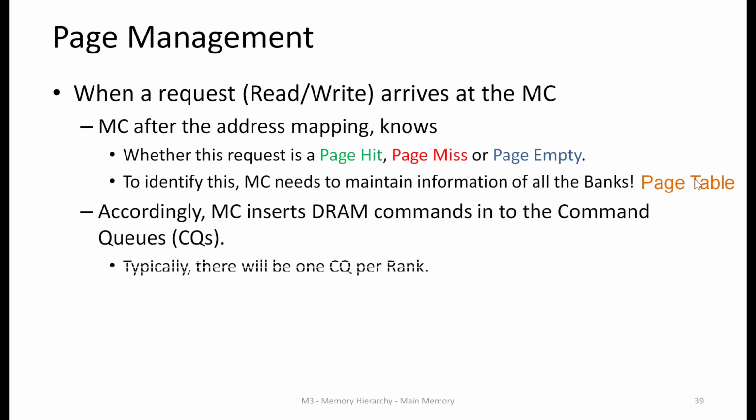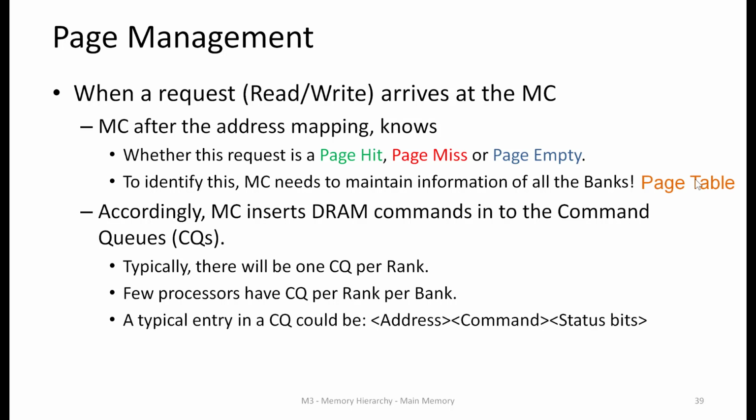Typically there will be one command queue per rank, but many modern processors have command queues maintained per rank per bank. It's based on the performance and area trade-off. A typical entry in the command queue would be the DRAM address followed by the command, ACT, CAS or PRE, and a few other status bits that can help in further scheduling.